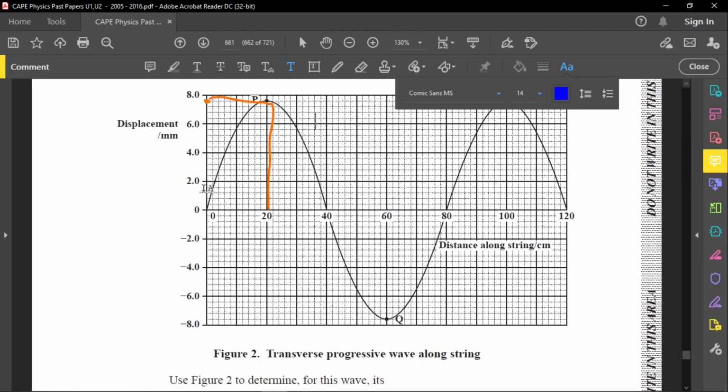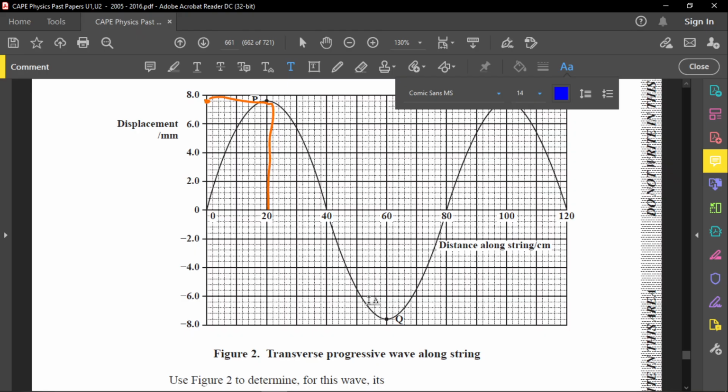If you divide 2 by 5, what you get is 0.4. So each single line is 0.4. To calculate this, you get 7 here, and then this will be 7.6. This is the 4th line, so this is 7.6. So our amplitude is 7.6.